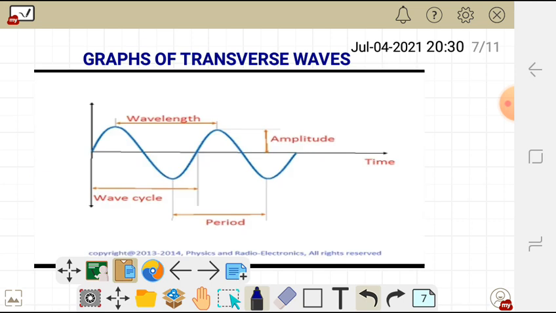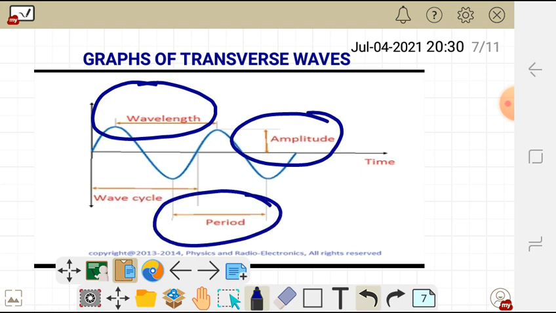Okay, so let's move on to graphs of transverse waves. Under transverse waves, we have graphs which represent the motion of a wave, and under the same graphs we have wavelength, amplitude, period, and frequency. The wavelength is the distance from here to there, which forms one complete wave cycle.